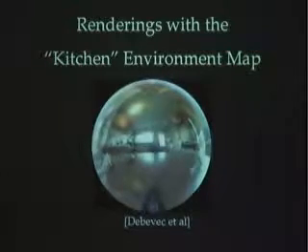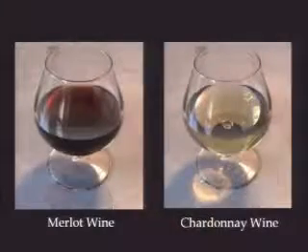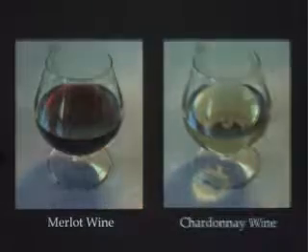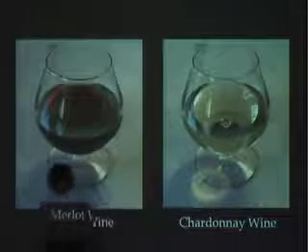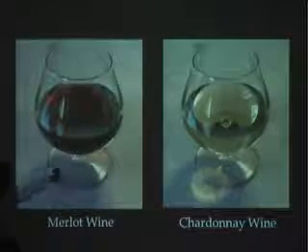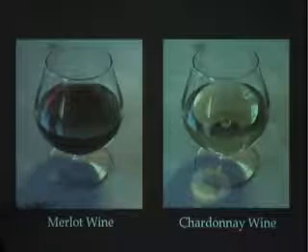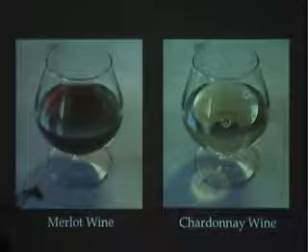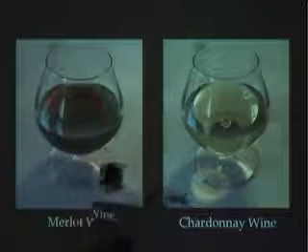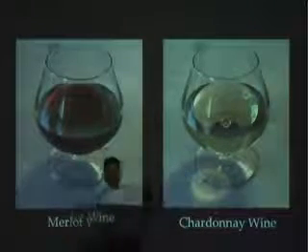So the first couple of them are the wines. You have the Merlot and the Chardonnay. You have the deep red color and this sort of see-through Chardonnay. And you also have to look at the caustics, for example. This doesn't have that much of a caustic, although there's this faint red thing, because most of it is absorbed. Here the caustic is much brighter because you can see through it.